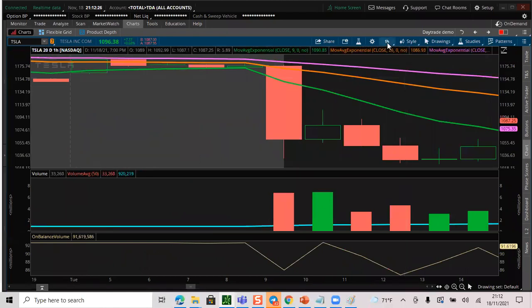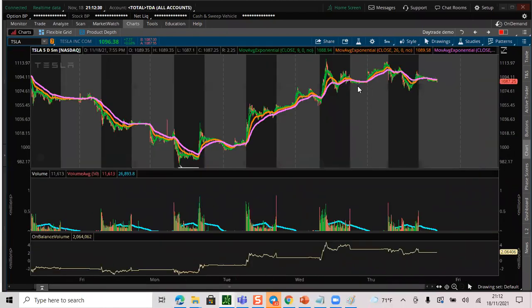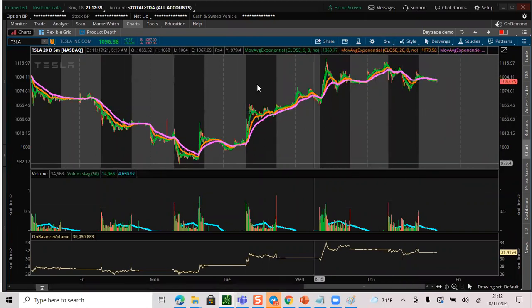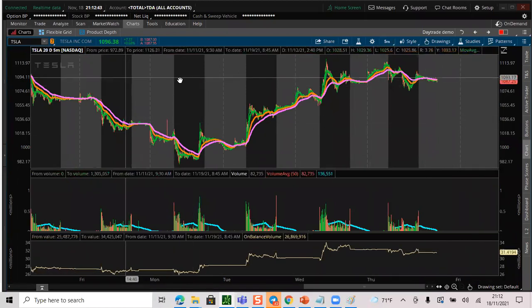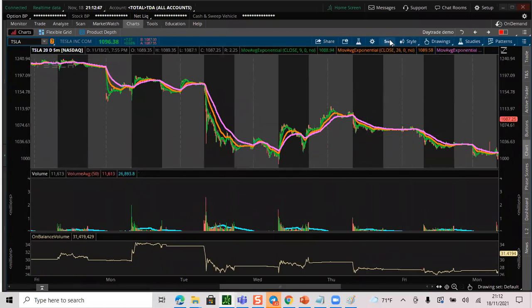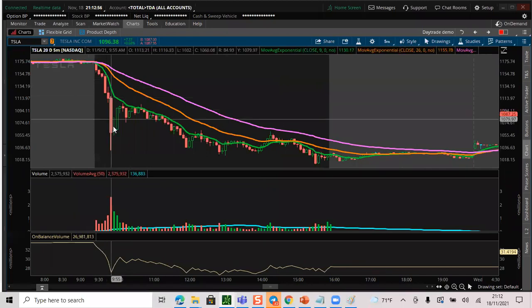So now I will go to the 5-minute candle. The same hourly candle, we are splitting into multiple candles, right?